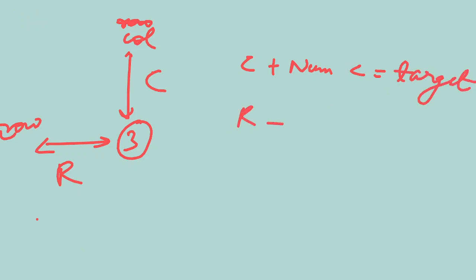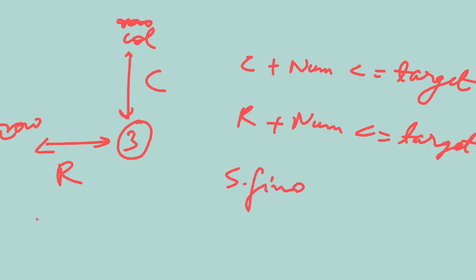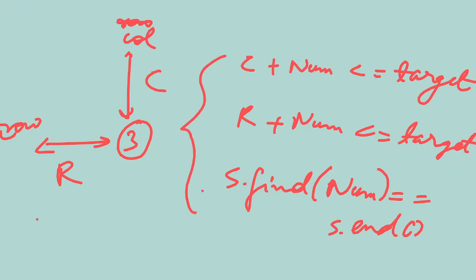Additionally, if R plus num is less than or equal to the target and that num does not exist in the set, I will create a set where I store the elements which have been inserted so far in that magic square. So I check that the element does not exist in my set. If all these three conditions are satisfied, only then am I going to insert the element.